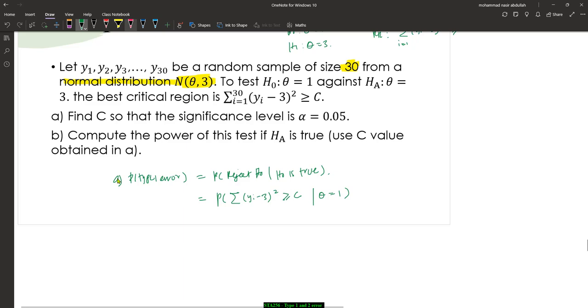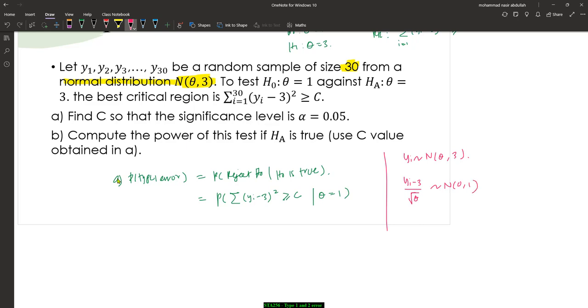From here, we know from chapter number 2, sampling distribution, that yi has a normal distribution with theta and variance equal to 3. And we know that when (yi minus 3) over square root of theta, this is a standard normal distribution.